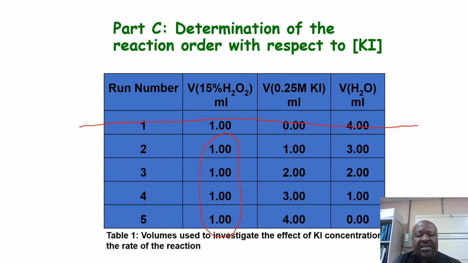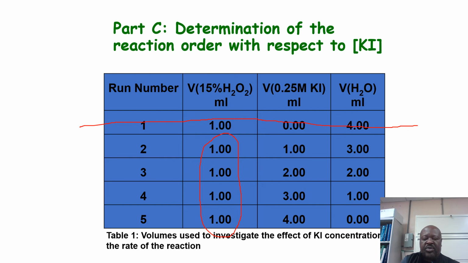So that's a constant there. And then we are varying. Remember, these are different runs. From one run to the end, then another run, and here we are varying the concentrations or the volumes of the 0.25 molar KI added, and then we'll compare the reaction rates.